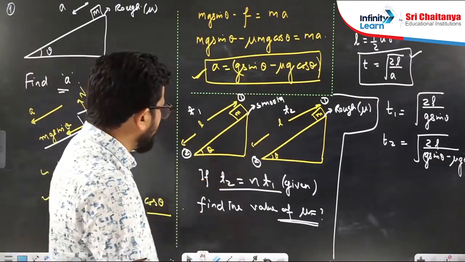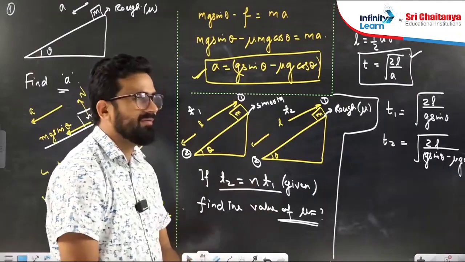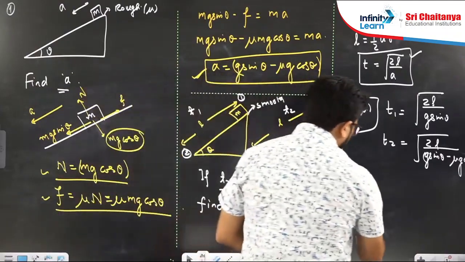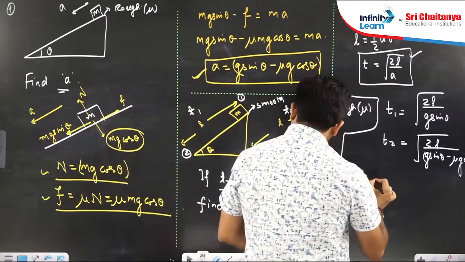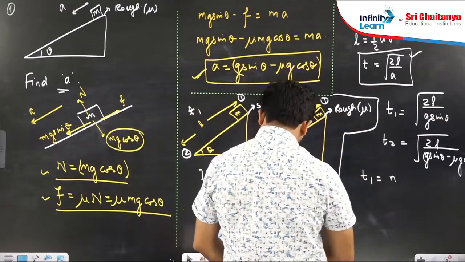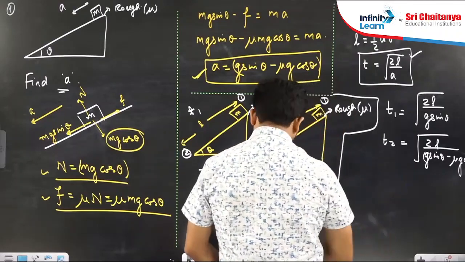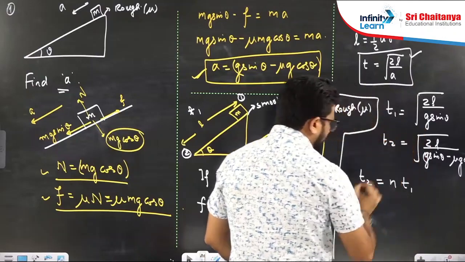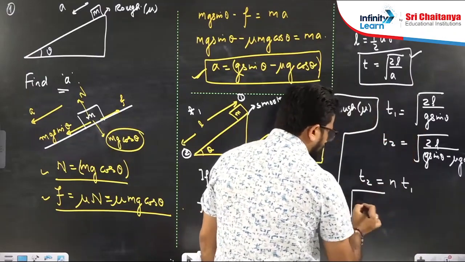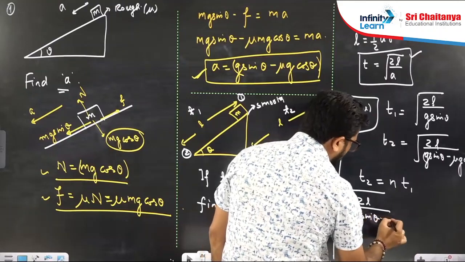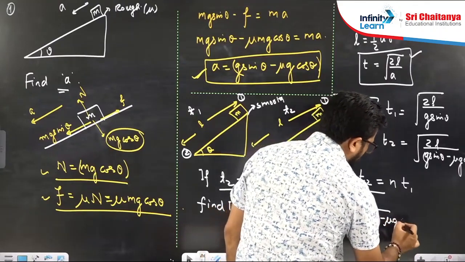It is given that t2 is equal to n times t1, so I can put that in and solve for mu. Now t2 is equal to n times t1, that means under root of 2L by g sin theta minus mu g cos theta.